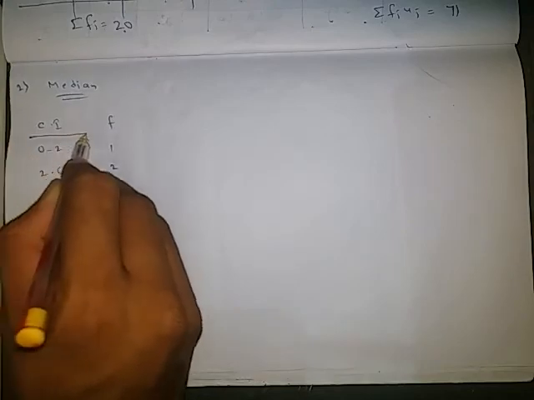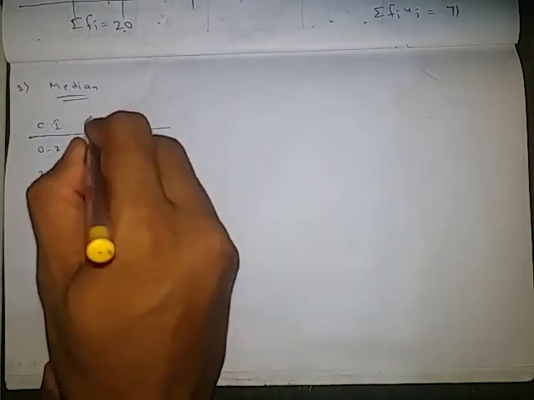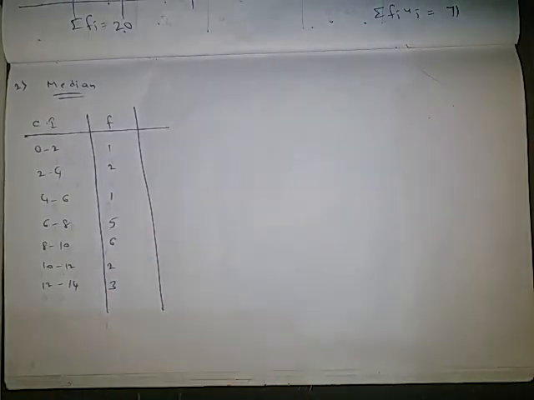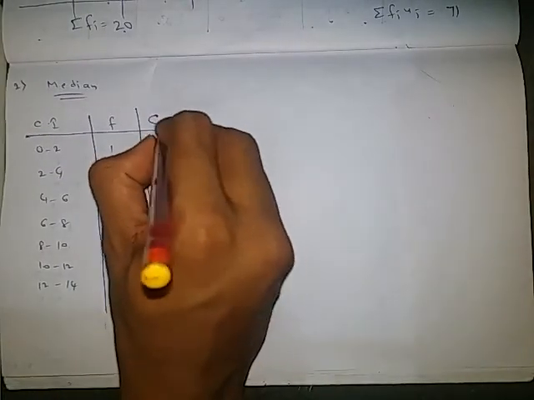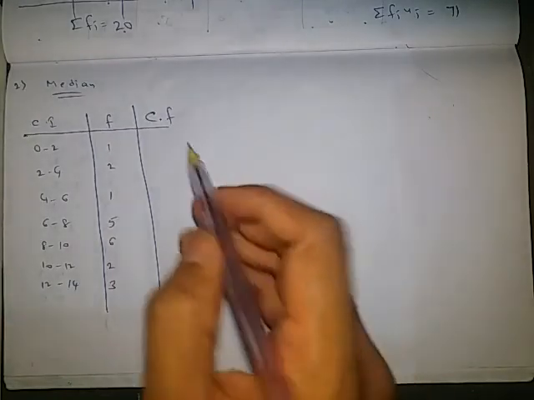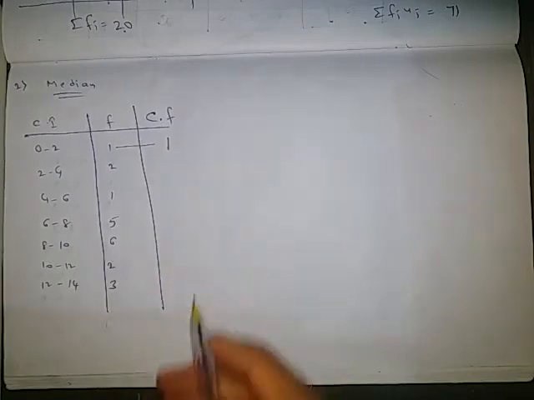Already the class intervals and frequencies will be given in the question itself. Now we need to find out the cumulative frequencies. Cumulative frequency is very easy. Write the first number as it is, 1.